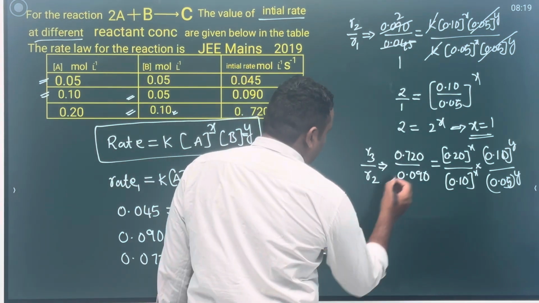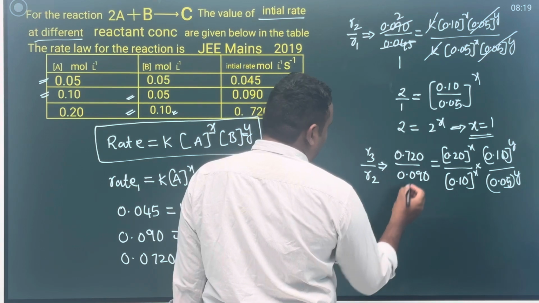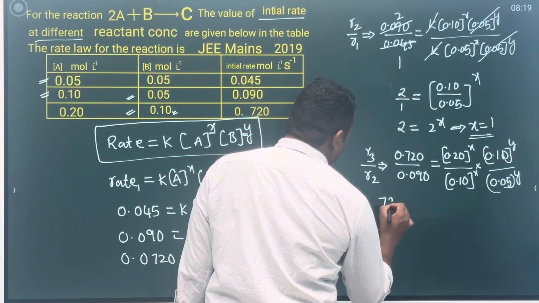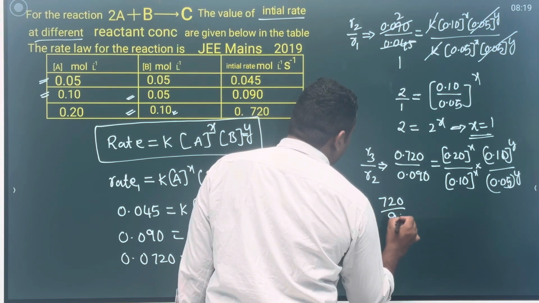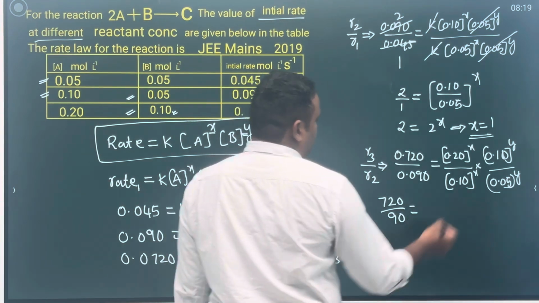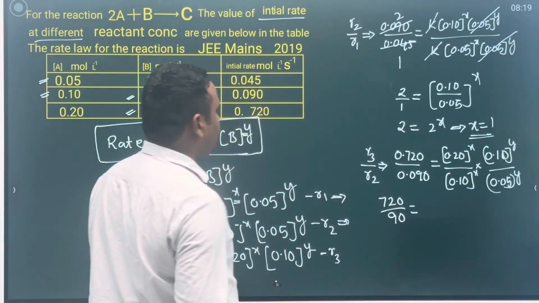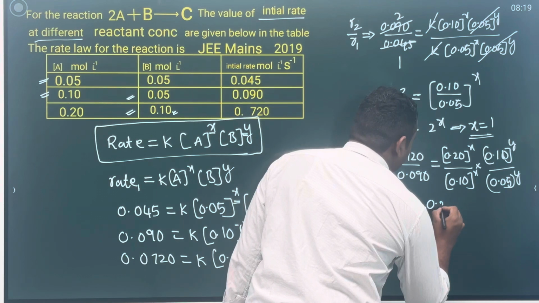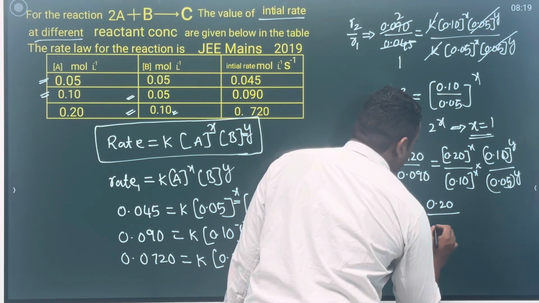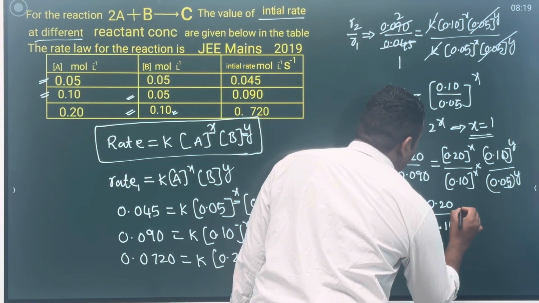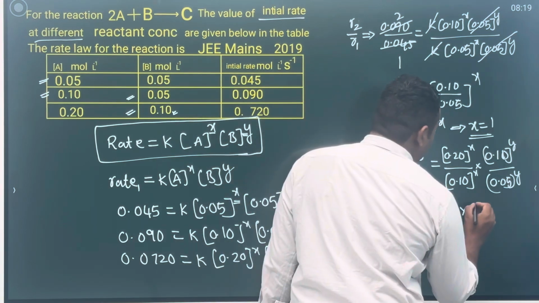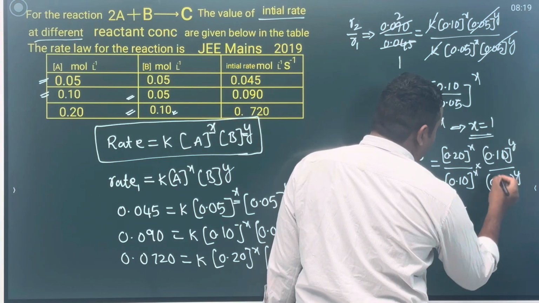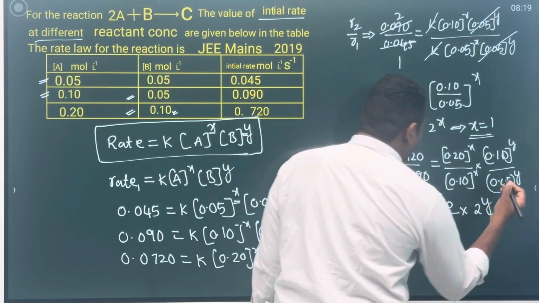Now when you see very clearly, 0.720 by 0.090, you can write it as 720 by 90, which is equal to, since we know the x value already. What is the x value, children? x is equal to 1, so it is 0.20 by 0.10 into 0.2 power y, which becomes 2 power y.